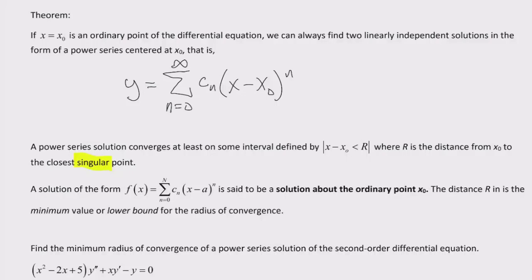So a solution of the form given in that summation is said to be a solution about the ordinary point, and the distance r is the minimum or lower bound for the radius of convergence. Okay, so let's do a little bit of practice identifying that radius of convergence around certain ordinary points.